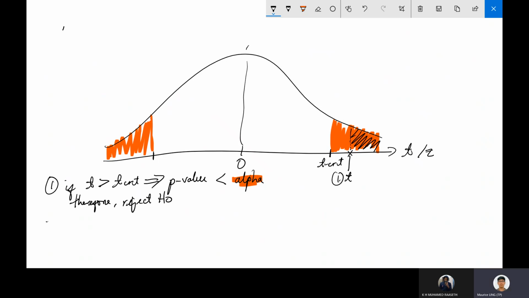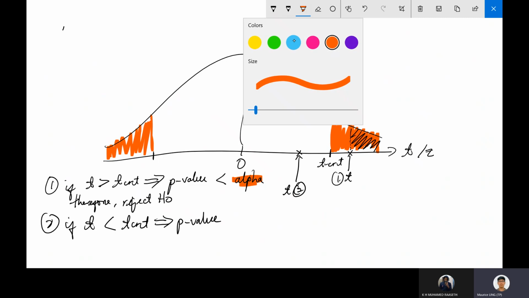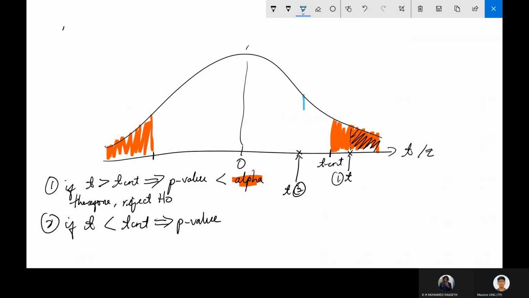The opposite is if t is less than the t critical, which means that if t is here, this is a t for part 2. Automatically, it means that the p-value, the blue shaded region, is going to be more than the alpha.